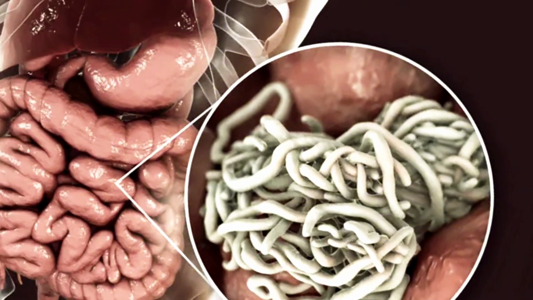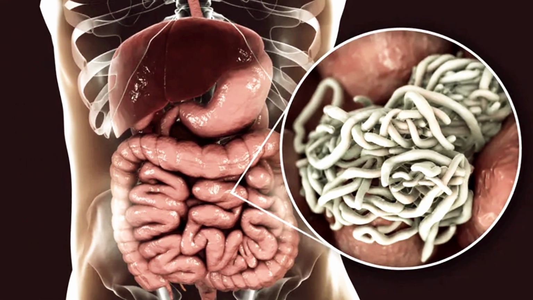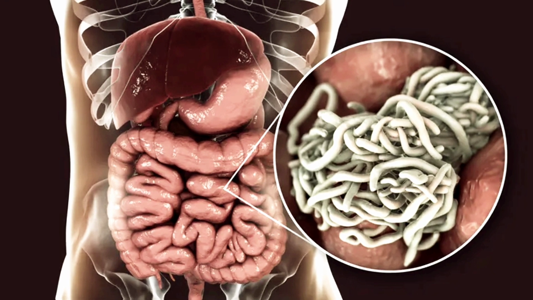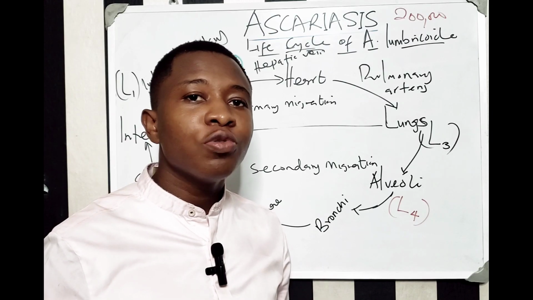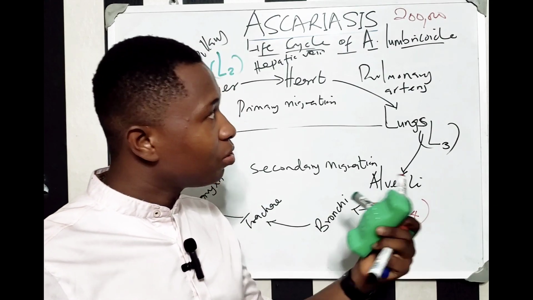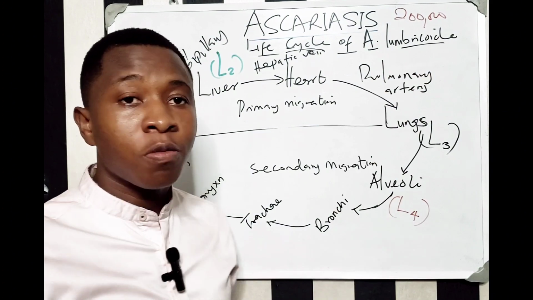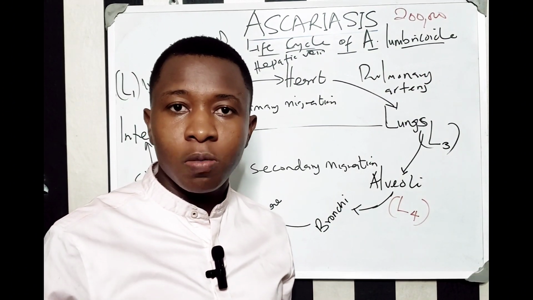And when it gets to the stomach, it grows into the adult stage, and the adult can lay up to 200,000 eggs per day. So imagine you have up to 20 of these worms. You can now imagine the number of eggs you would have in your stomach.